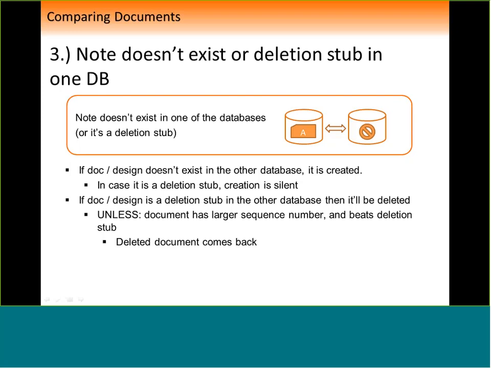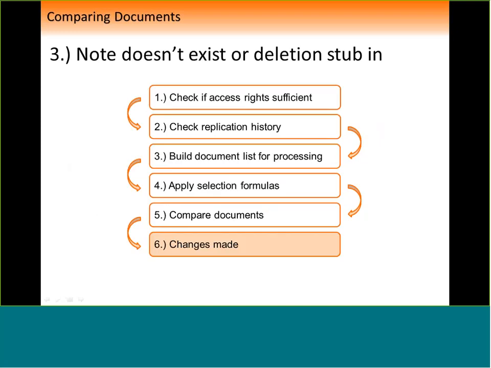So the thing is, when you delete something and a deletion stub is created, the deletion stub will be 1 or 2 numbers higher in its sequence number than the initial document. But if you do not replicate frequently enough, you run a chance that the document comes back. So this is something that we were very surprised to find. All right, so this is the comparison, comparing documents and design notes part.